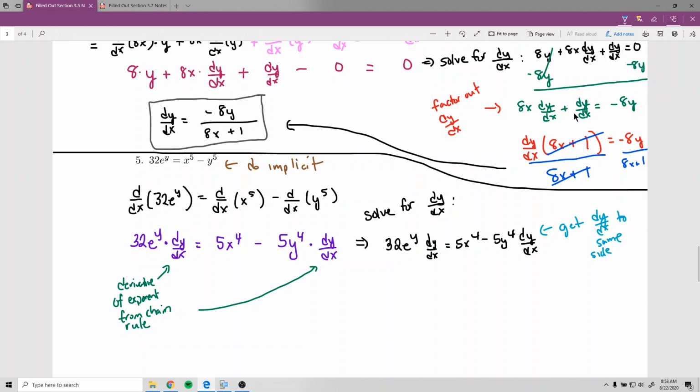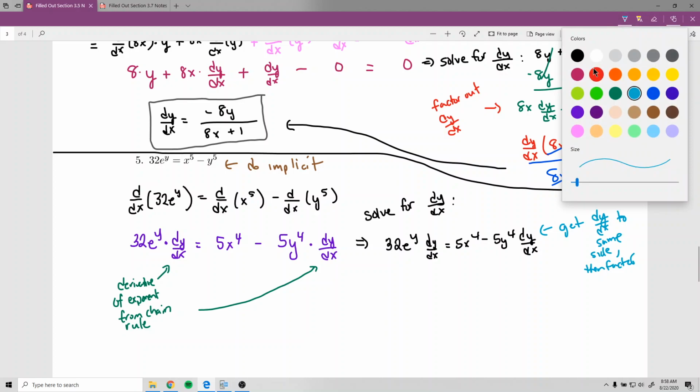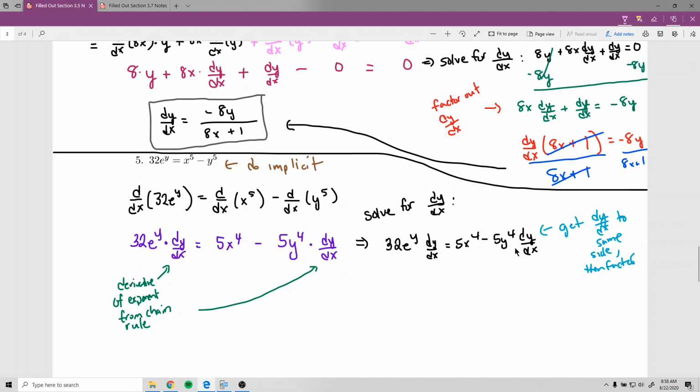Then we do the same exact thing as before: factor, divide, whatever happens after that. We want to get this term, the 5y to the 4th dy over dx, to the left side. That would be the easiest way to make them on one side, because when we get them to one side, we want everything else on the other, and this will keep it that way.